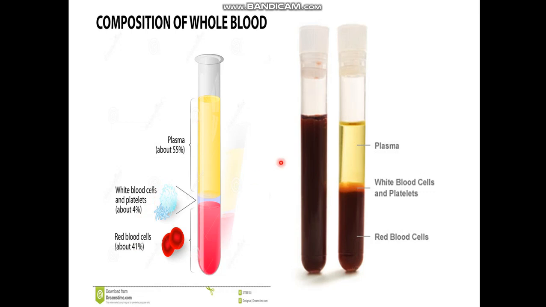Our blood is made up of two main components: the plasma, the liquid part of the blood, about 55%, and the blood cells, which are the white blood cells, platelets and red blood cells. Red blood cells are higher in number and constitute about 41% of the whole blood, and the white blood cells with the platelets are 4%. This is a real picture.